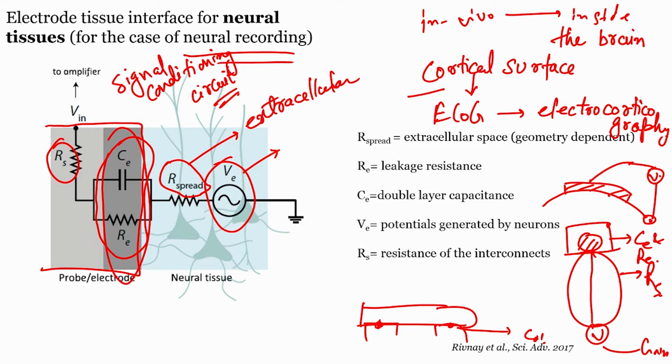In a similar way, this kind of interface can also be drawn for neural stimulation, wherein here you are recording, there you are stimulating, current pulses. In that case also you can work out electrical equivalents when a particular electrode comes in contact with a neuronal tissue.